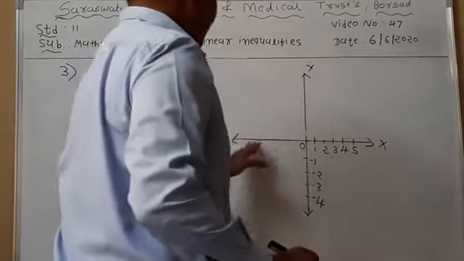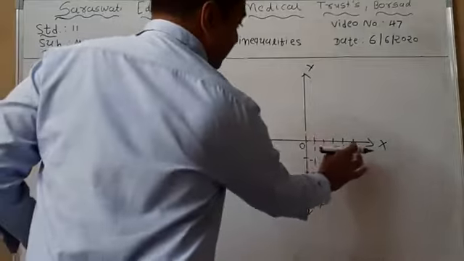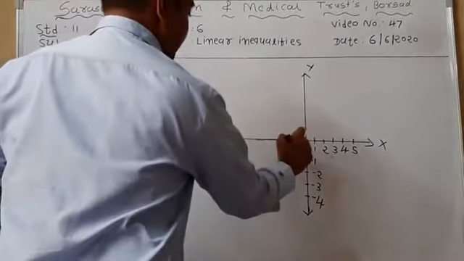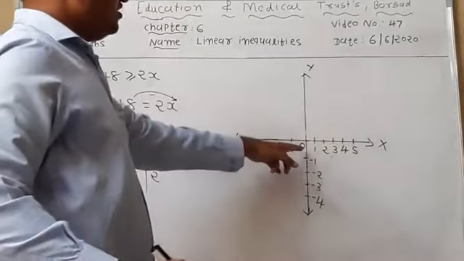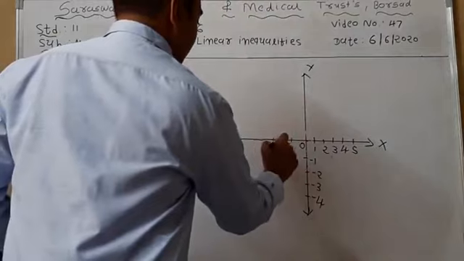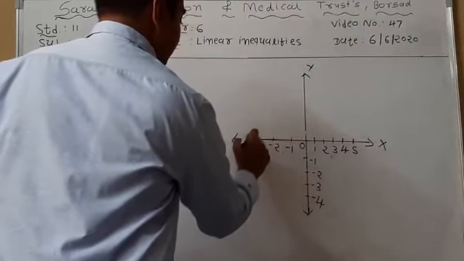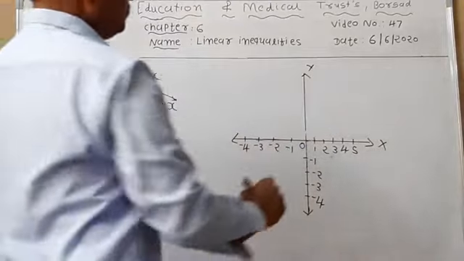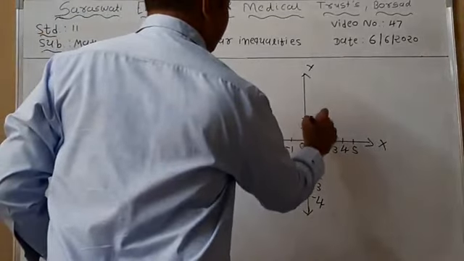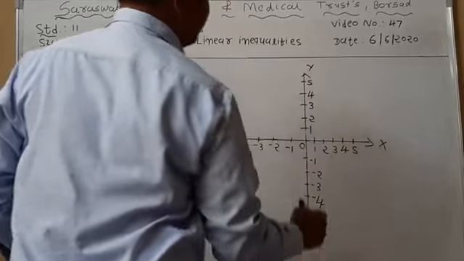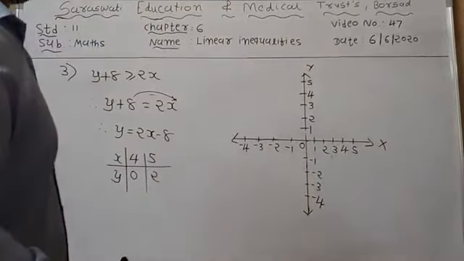So on this x axis, the right side has positive numbers and the left side has negative numbers. In between, 0 is present. Now upper side has positive numbers 1, 2, 3, 4, 5, and the lower side has negative numbers.